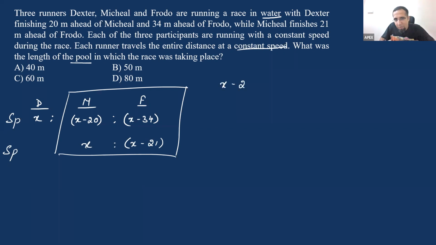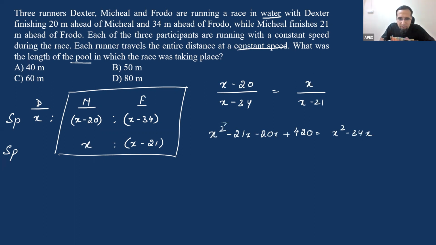So I can say (x minus 20) by (x minus 34) is equal to x by (x minus 21). Let's cross multiply. We have x square minus 21x minus 20x plus 420 is equal to x square minus 34x. So x square gets cancelled.